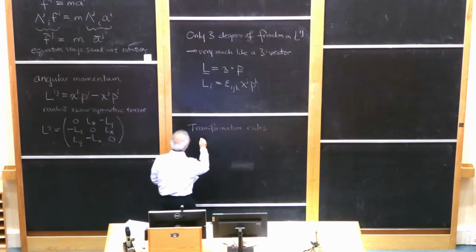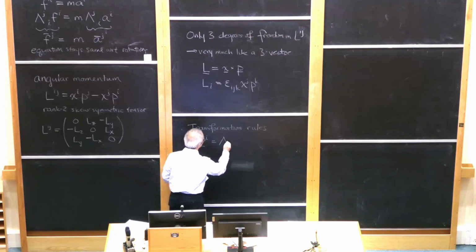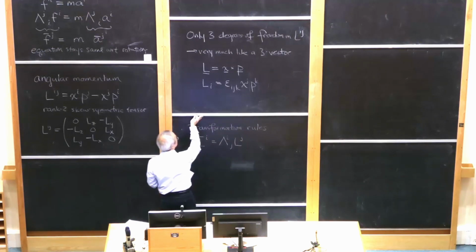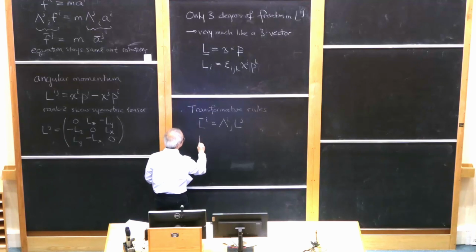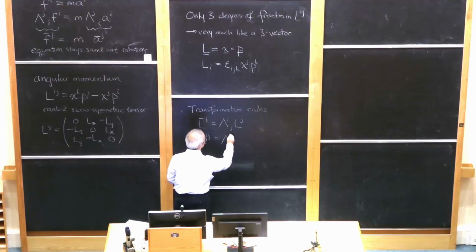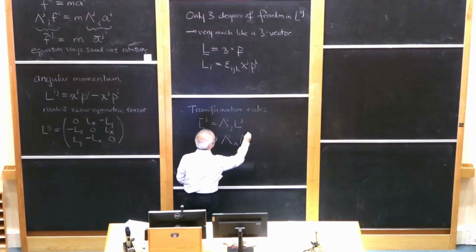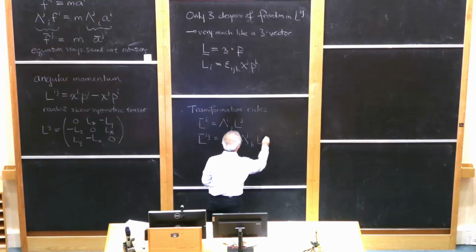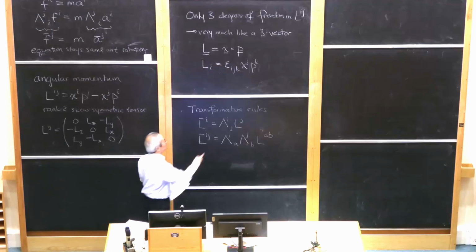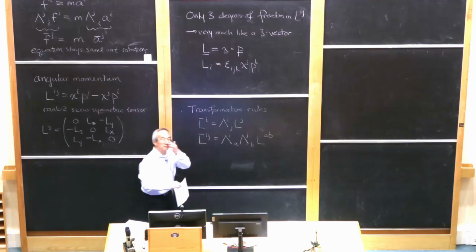If you remember correctly, if you have a 3 vector and you want to transform it, then that just looks like this, whereas if you have a rank 2 tensor, it's going to look more like lambda j b, and then you have L A b. So you have 2 transformation matrices here instead of 1 transformation matrix.